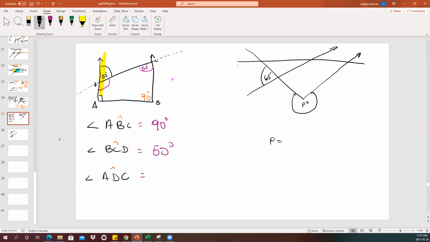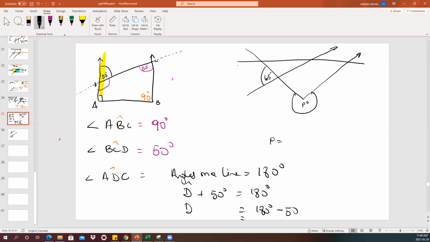So then we can say angles on a straight line is equal to 180 degrees. So angle D plus 50 is equal to 180 degrees. D is equal to 180 degrees minus 50, which is 130 degrees. So angle D here is 130 degrees. Got that? Okay. Excellent. So let's move to the next one.